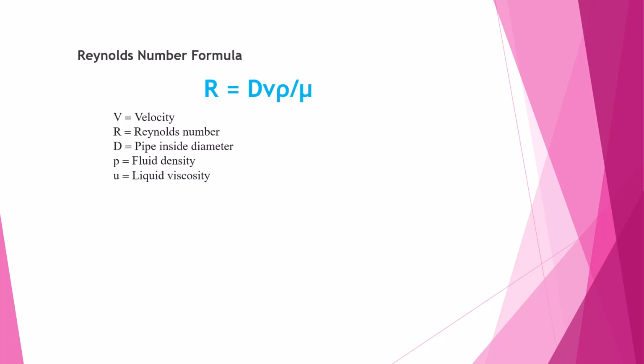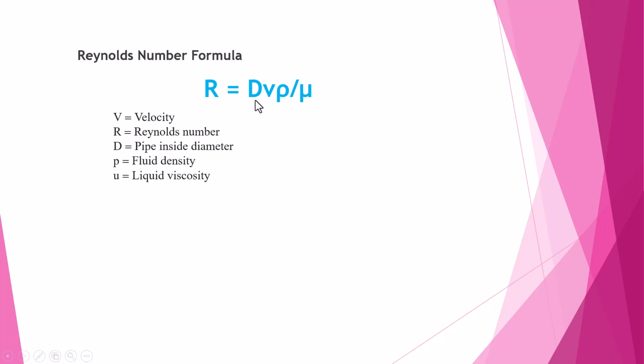Next is the Reynolds number. What does Reynolds number mean? Reynolds number just represents the flow behavior. Reynolds number equals DVρ divided by μ. V is the velocity.